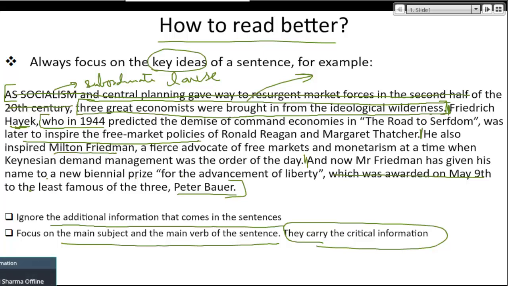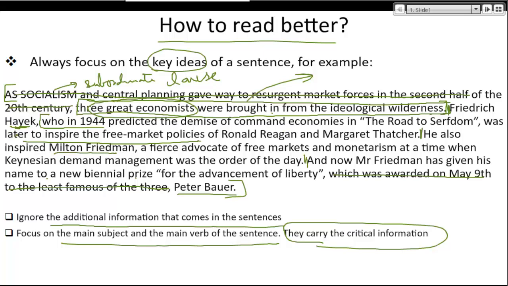So what am I doing while reading the sentences? I am actually trying to find the key information. It says here three great economists were brought in from the ideological wilderness. And then I'm expecting that the three economists would be the names that the author would declare in the subsequent sentences.